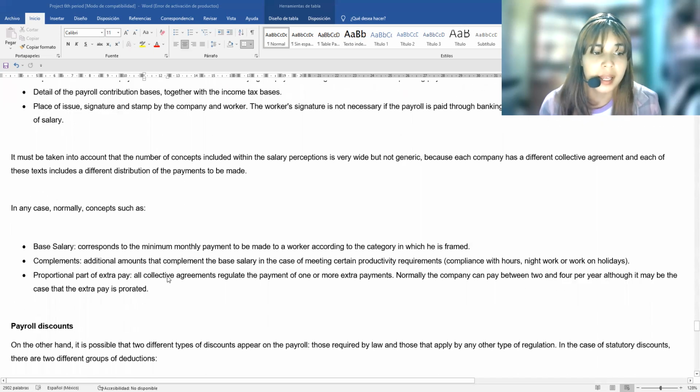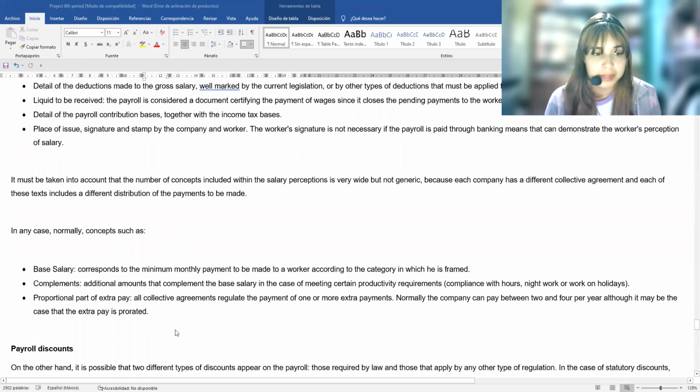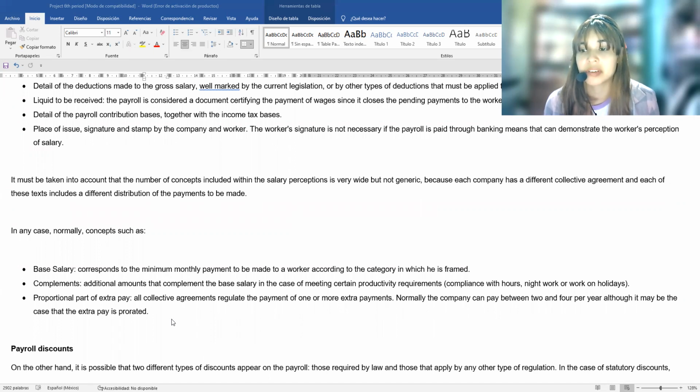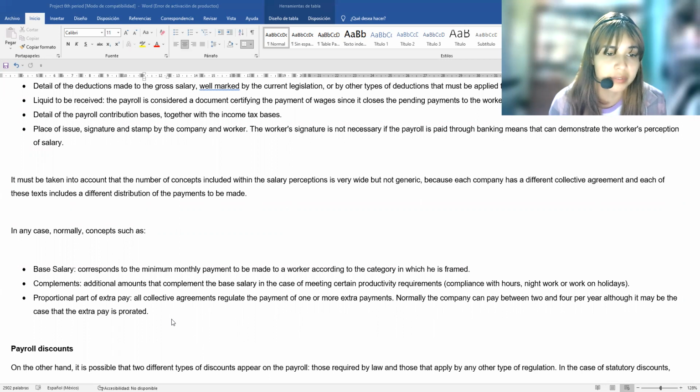It must be taken into account that the number of concepts included within the salary perception is very wide but not generic, because each company has a different collective agreement and each of the texts includes a different distribution of the payments to be made.